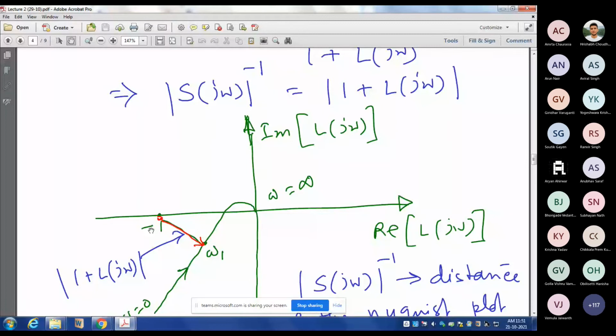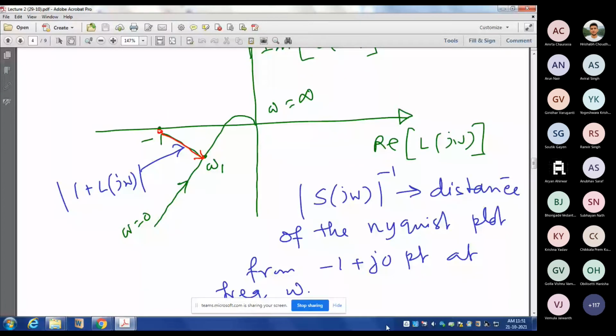That I have written here. Now naturally, this distance is of course frequency dependent, right? For one omega you will get one distance, for another omega another distance you will get. So we are interested in the minimum distance.